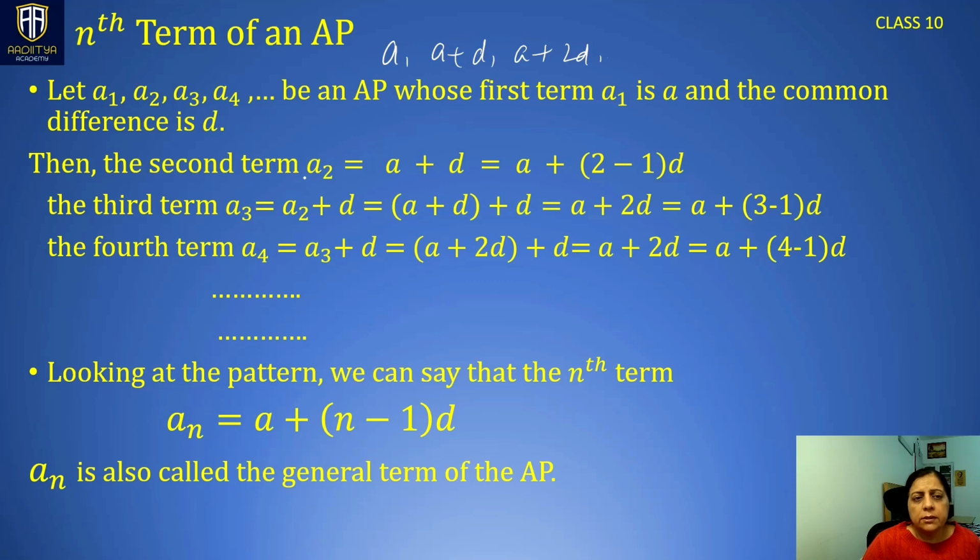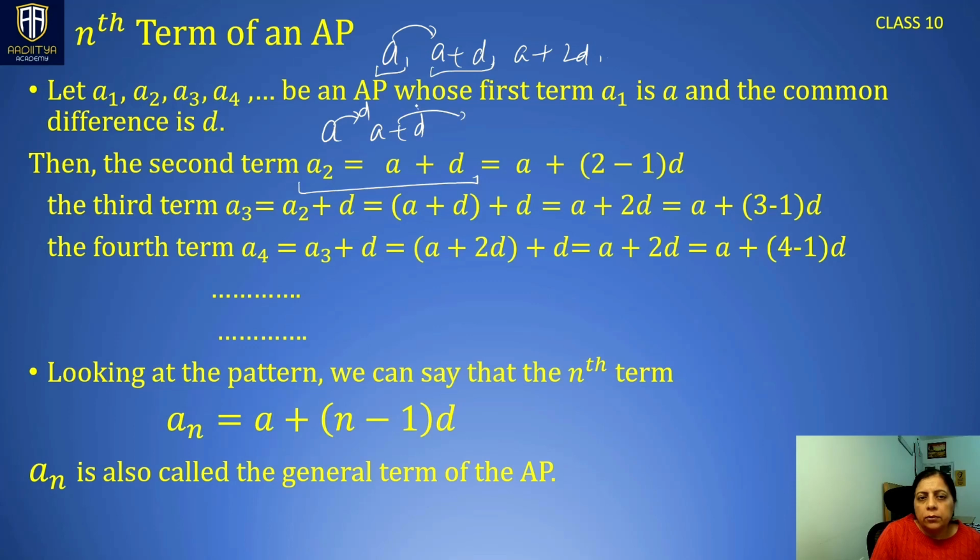The first term a1 is represented by a. The second term becomes, if you add d to the existing first term, a plus d. So a2 is equal to a plus d.